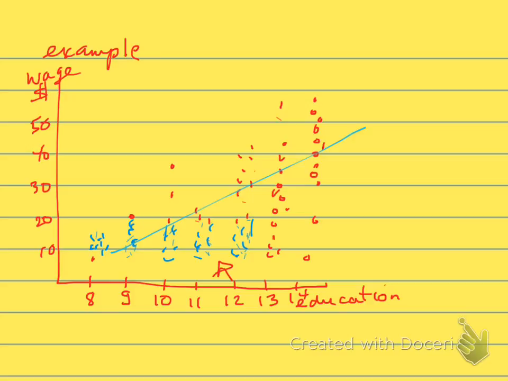Now let's suppose that the way things work in the world is that those people who have low levels of education and who would earn low wages if they were in the labor force, they actually don't work in the labor force. They tend more often to stay at home and take care of children because they have low wages in the labor force. So we might observe those observations to be missing.